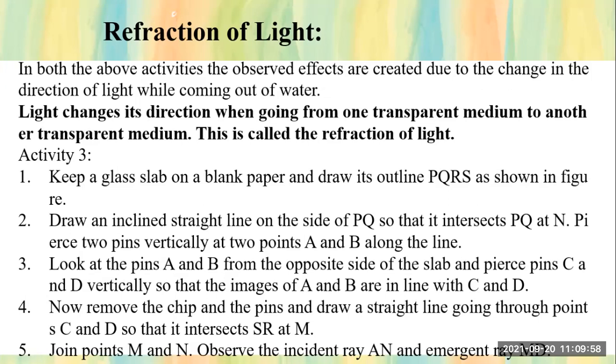Now, students, we are going to learn this refraction of light again with the help of activity number 3. This activity you can do at your school when your school opens. In this activity, you have to take one blank white paper and keep a glass slab.